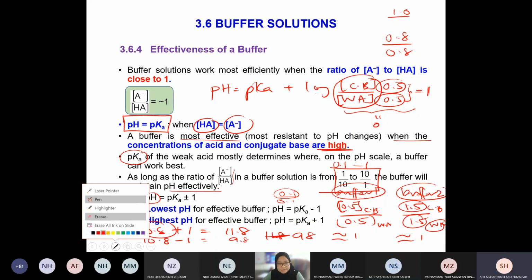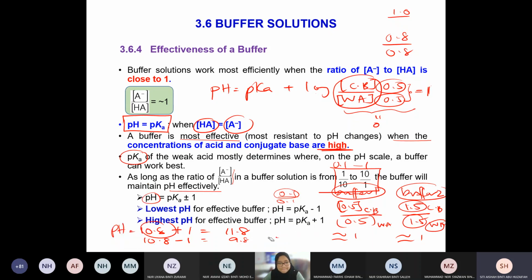Sekejap ya. So you punya range will be 9.8 until 11.8. So banyaklah option yang you boleh cari for your pKa, for your acid.